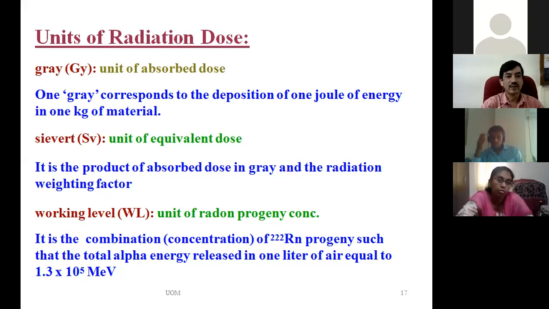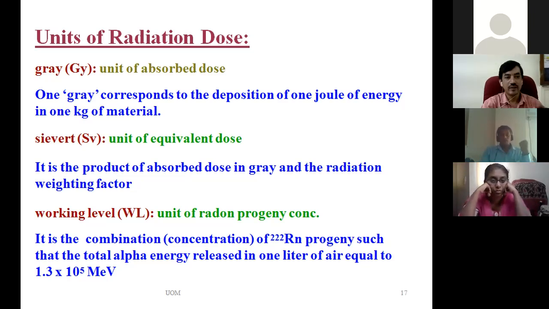Sievert is the unit of equivalent dose. It is the product of absorbed dose in gray and the radiation weighting factor. That means it is also 1 joule of energy absorption in 1 kg of material. But in the equivalent dose, this material will be biological tissue.